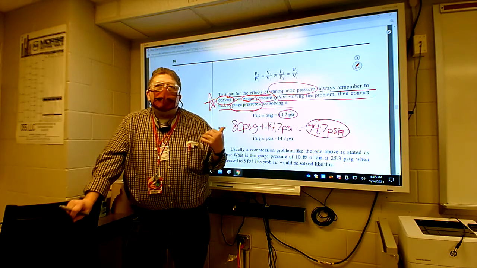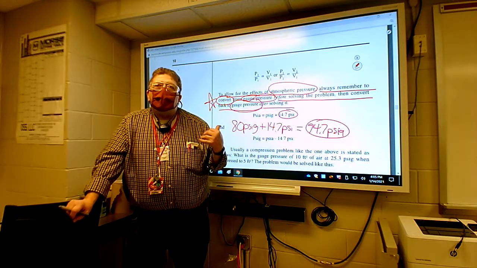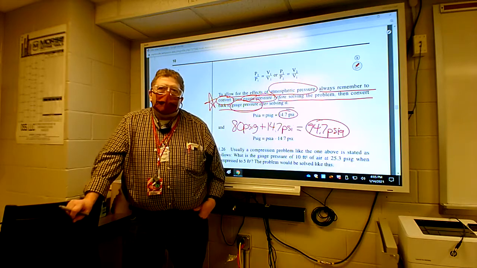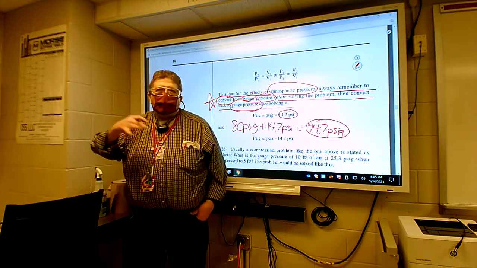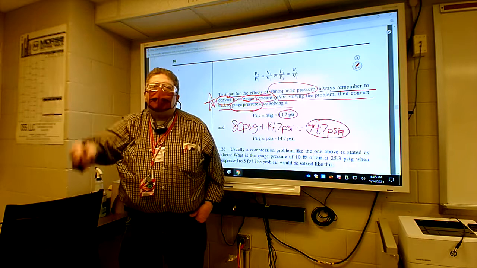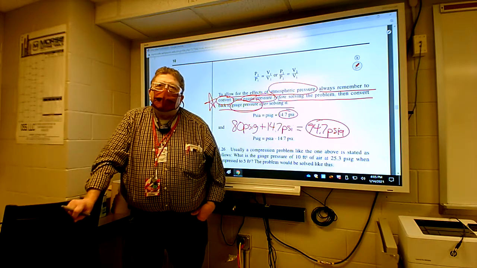But your calculations are going to be based on sea level. They don't get so detailed in the book that they're going to tell you where you are. They're going to assume everything's at sea level, because unless you're in a mountainous area, it's not going to be a whole lot different from sea level anyway.